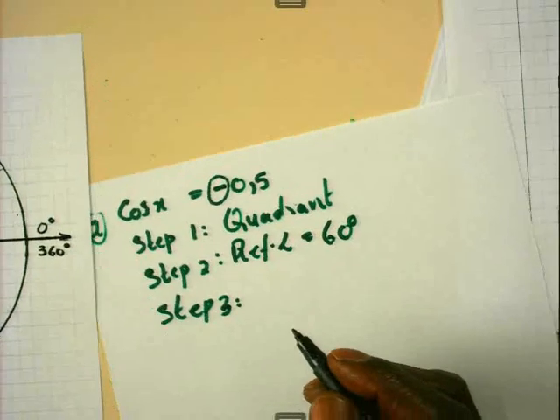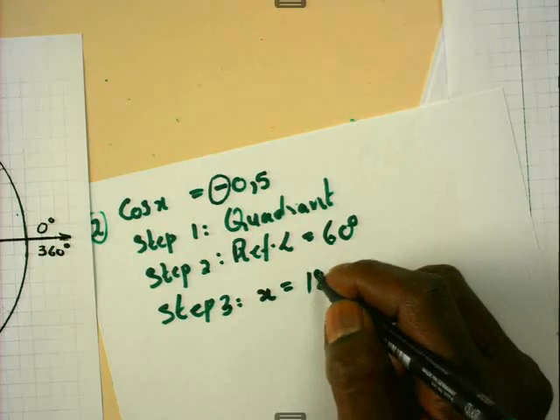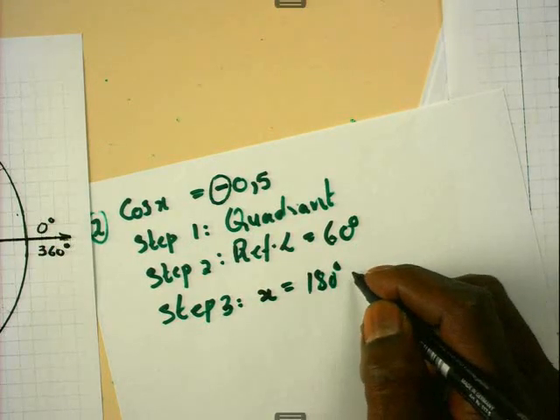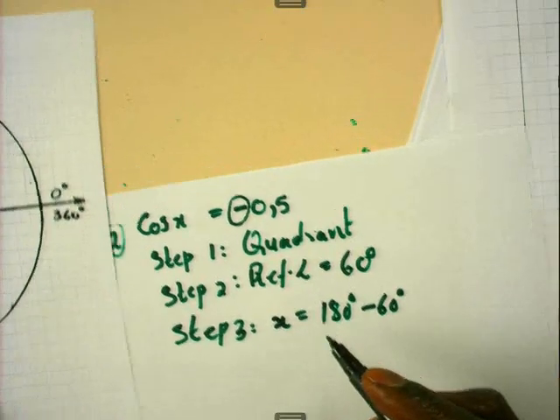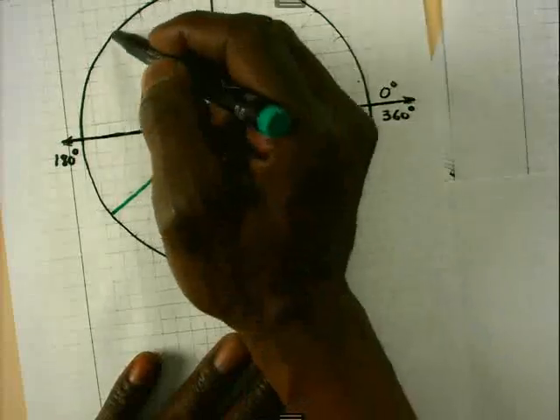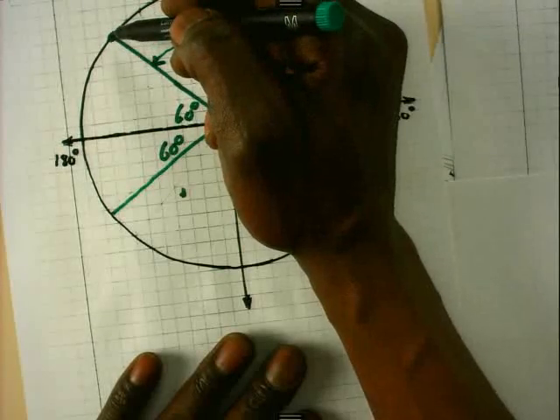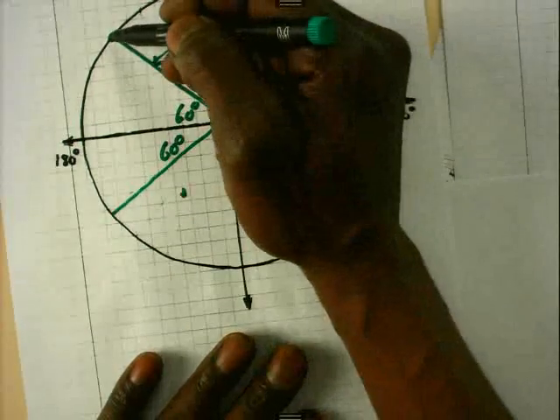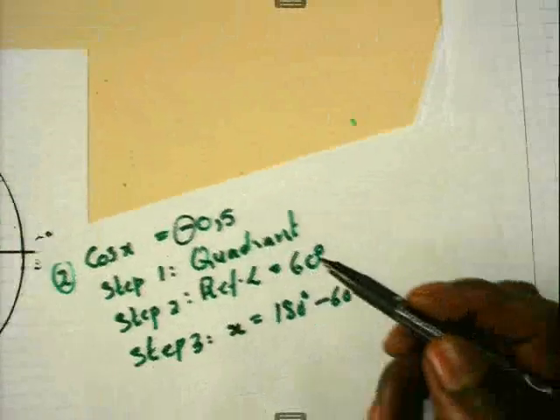So the first solution will be x is equal to 180 degrees minus 60 degrees. Now, you remember, before we can go anywhere, I'm here, I can rotate 360 degrees, I can rotate another 360 degrees, any number of 360 degrees that I can rotate.